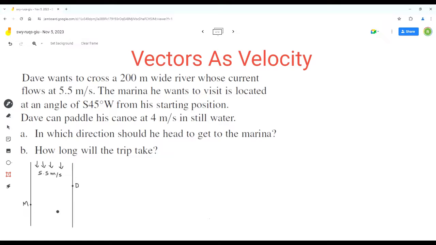So he has to start paddling in a direction so that he gets to the marina. So the resultant velocity of Dave should be in the direction of the marina.